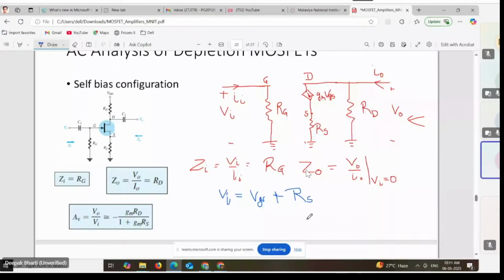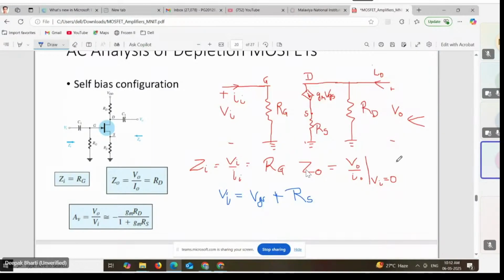Okay, now let's try to determine the VGS. To determine the VGS, let's apply the KCL at the output side.